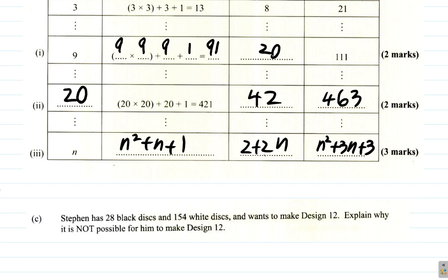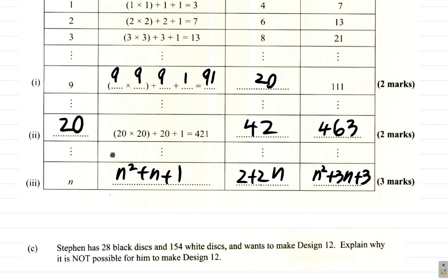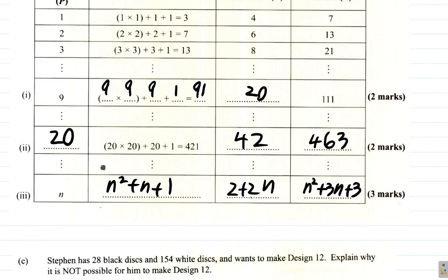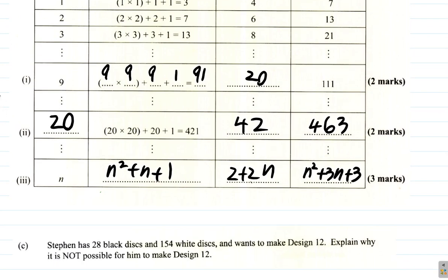Now, Stephen has 28 black discs and 154 white discs and wants to make design 12. Explain why it is not possible for him to make design 12. All right. For design 12, how many of each disc would it require?